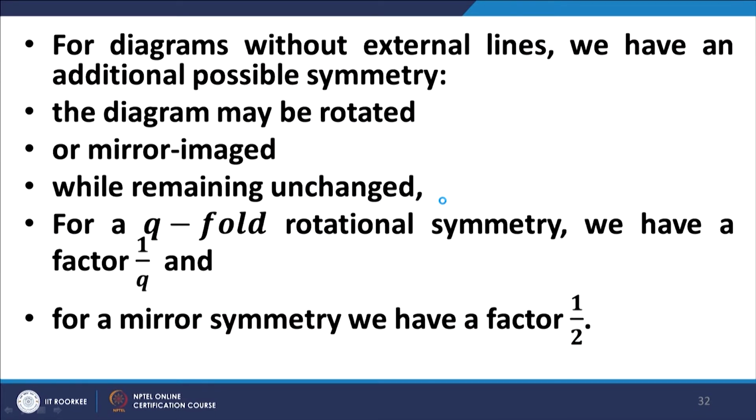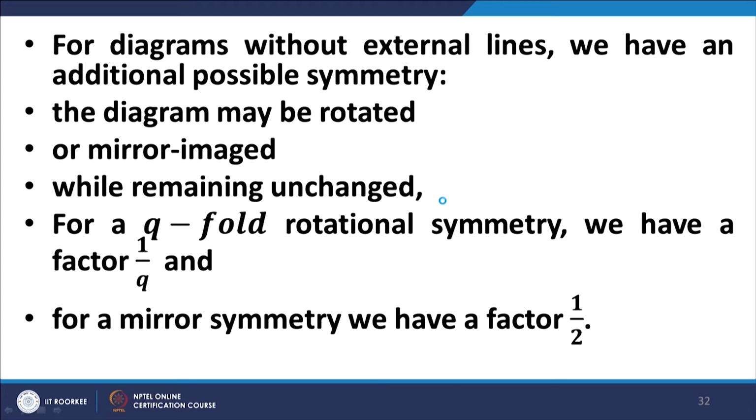In this context, the role of multiplicity will come into play. For diagrams without external lines, we have additional possible symmetry, like in the case of loops. The diagrams may be rotated and the diagrams may carry mirror image symmetries. Now, if there is a q-fold rotational symmetry, a factor of 1 upon q comes into play while evaluating the diagram, and if there is a mirror symmetry, a factor of 1 upon 2 comes into play.